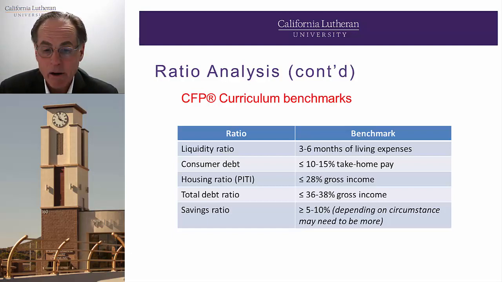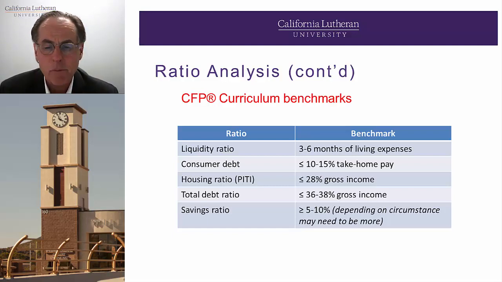The consumer debt ratio benchmark is less than or equal to 10 to 15% of take-home pay. A consumer debt ratio of 20% is considered a red flag. The housing ratio benchmark is less than or equal to 28% of gross income. The total debt payment ratio benchmark is less than or equal to 36 to 38% of gross income.